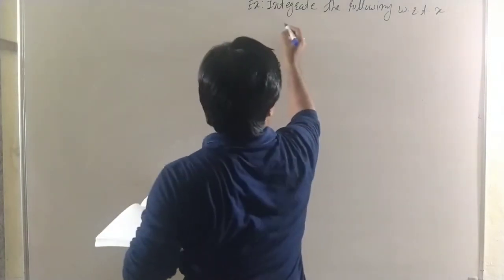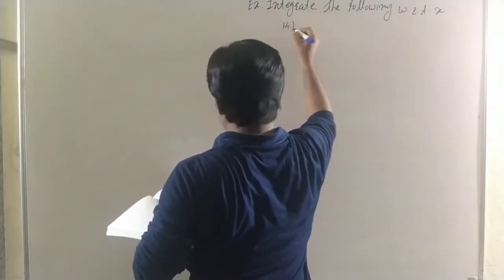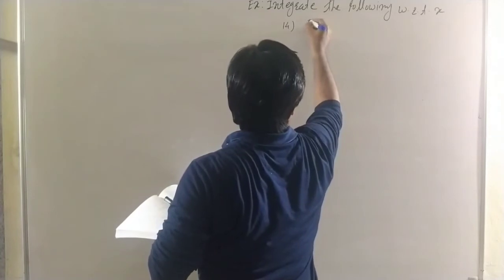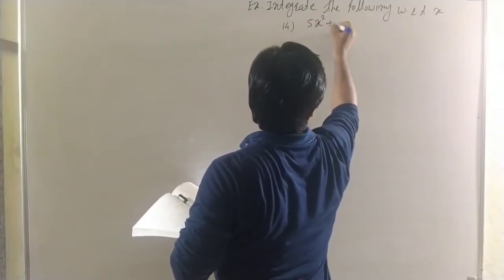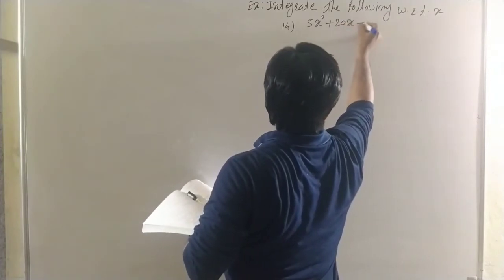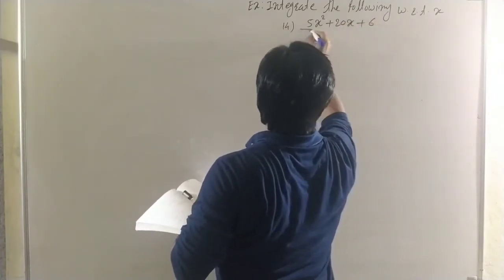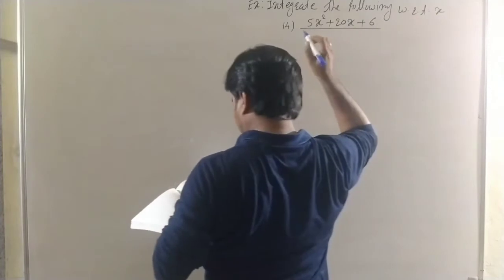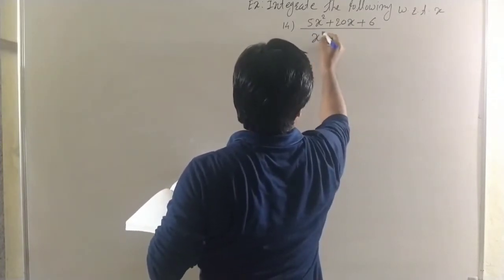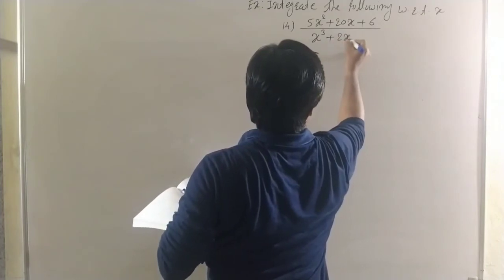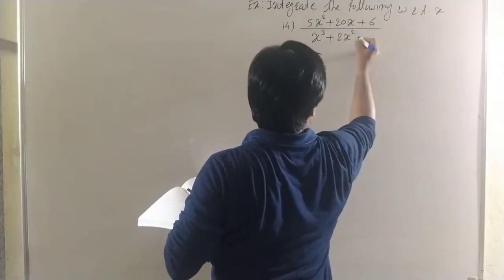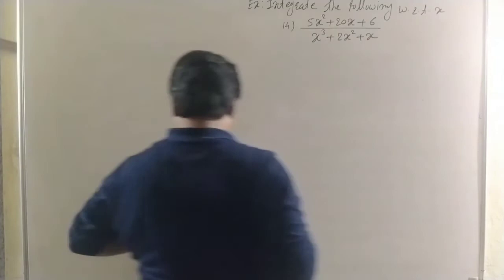Example number 14. Integral of (5x² + 20x + 6) upon (x³ + 2x² + x) dx.